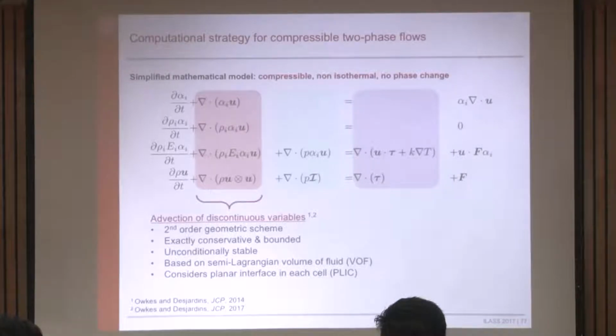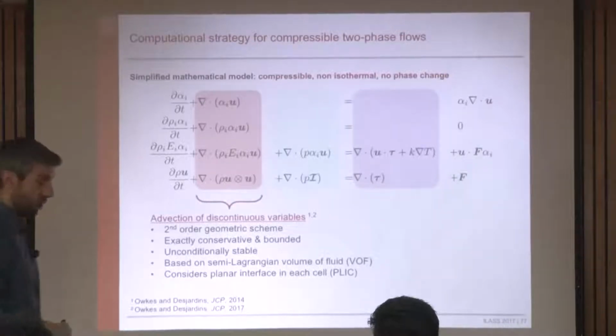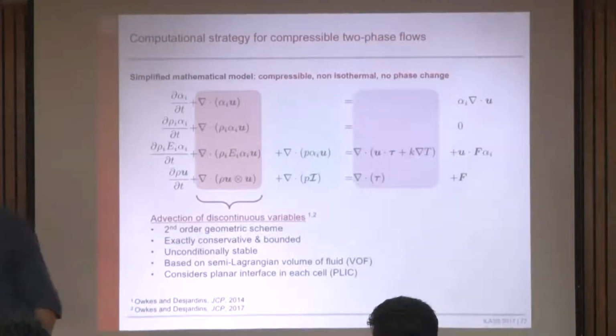So this doesn't have anything to do with the CFL treatment, with the absence of a CFL. But this has to do with the fact that, yes, we are using the same scheme that we've talked about yesterday for all of our variables, for all the transport. Why is it free of any CFL condition? Because if you look at it, we never actually write a PDE, an explicit PDE type of formulation.